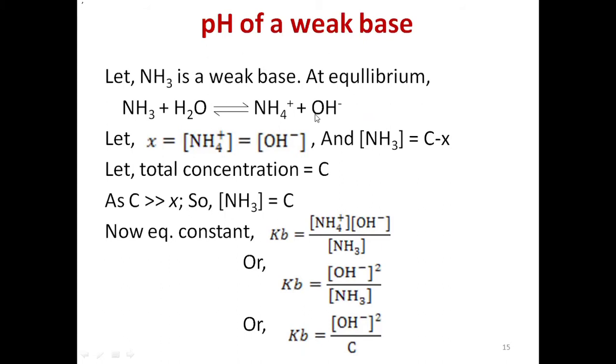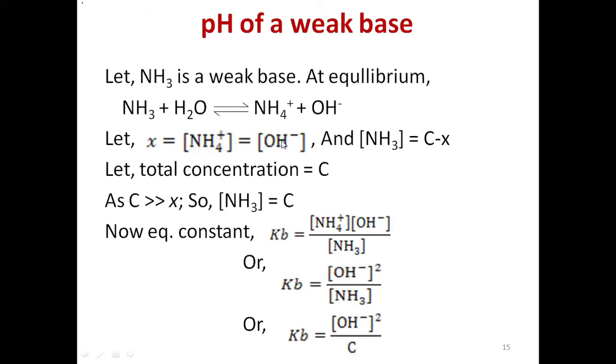Now, if we assume that the concentration of ammonium ion equals X, then the concentration of hydroxyl ion is also X. So we can write X equals concentration of ammonium ion equals concentration of hydroxyl ion. Is it clear? Yes, sir.